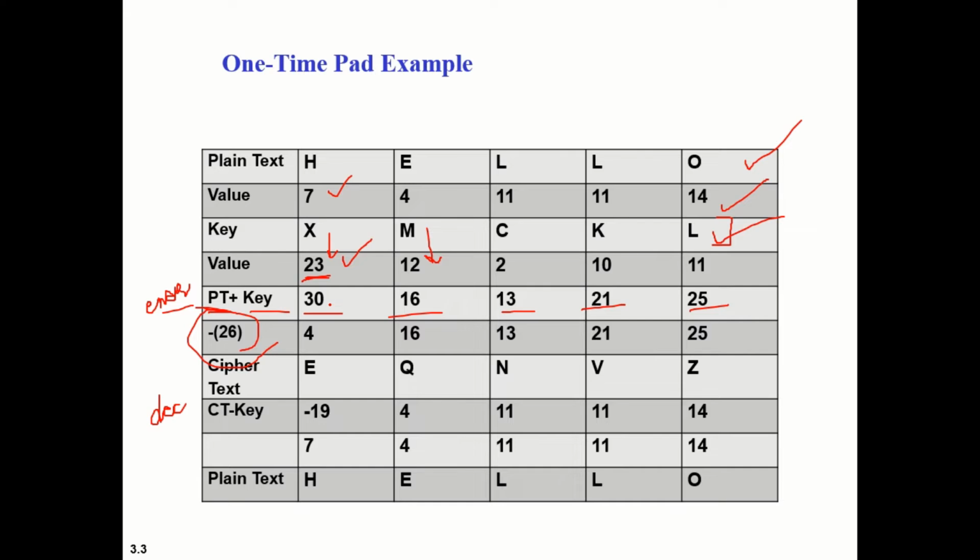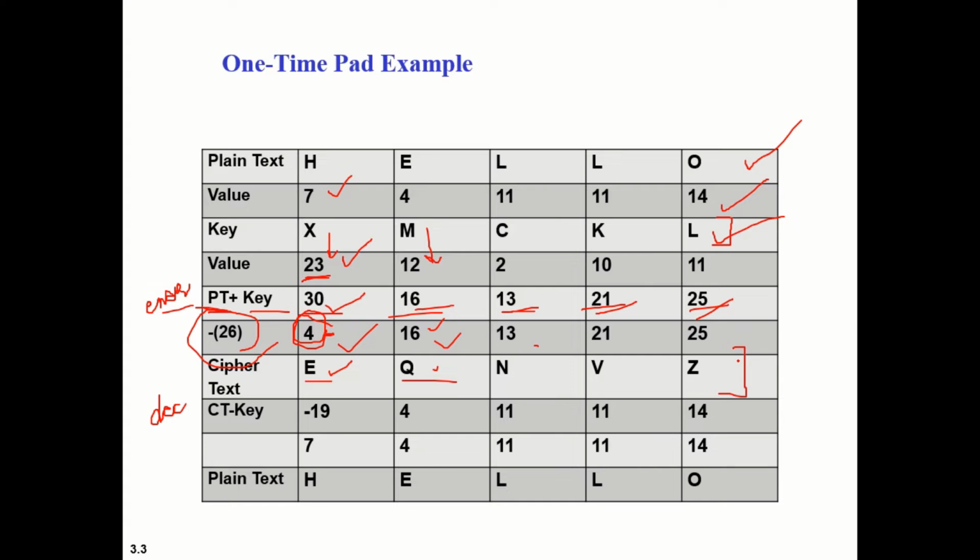So we'll get 4. The rest of the values are less than 26, so we keep them as they are. This is the cipher text which we get after finding their corresponding entries in the initial table. The corresponding entry for 4 is capital E, for 16 it is Q. So this will be the cipher text which will be transferred along with this key.